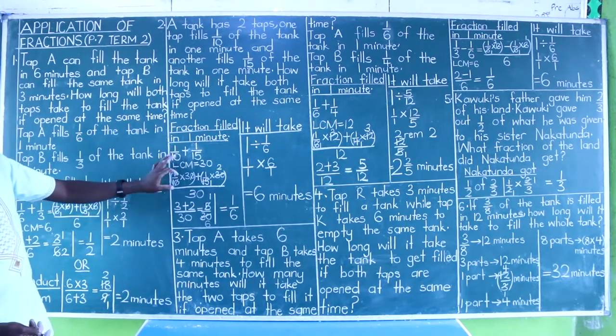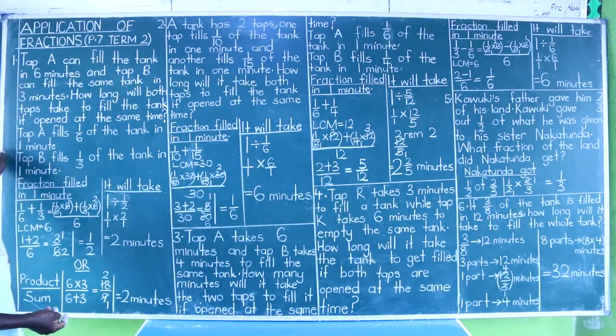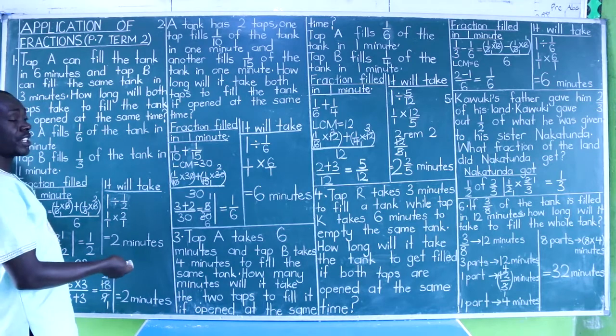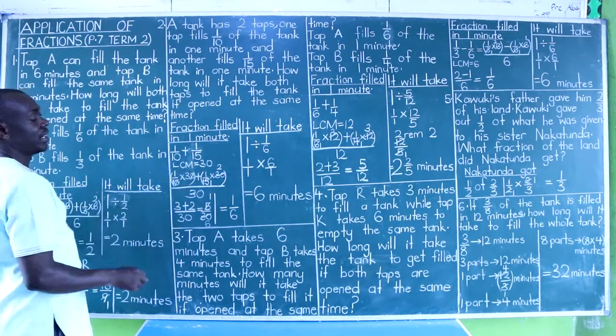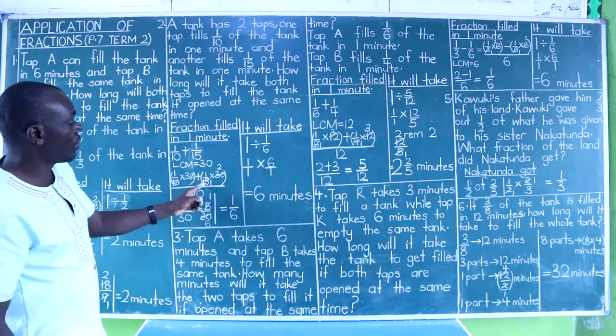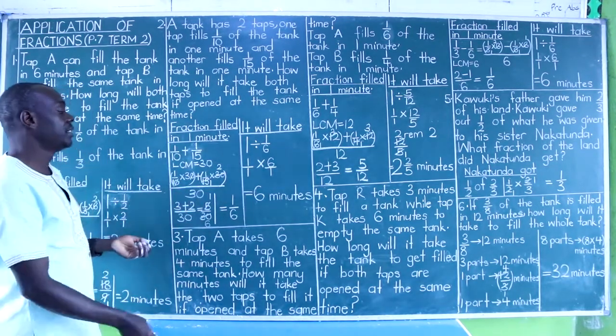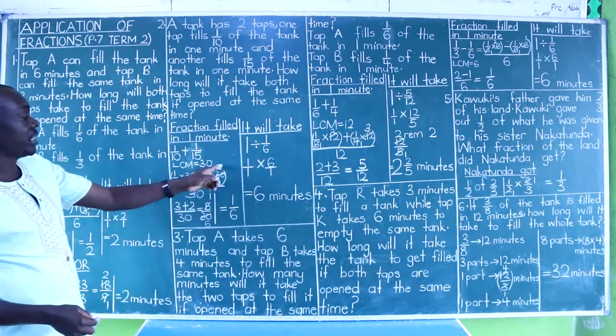You go a 10th times 30 in brackets plus a 15th times 30, thereby dividing or effecting the cancellation by 10 here. 10 by 10 once, and 30 by 10 you get 3. And then you go a 15th times 30 divided by 15. 15 divided by 15 once, and then 30 divided by 15 you get 2.